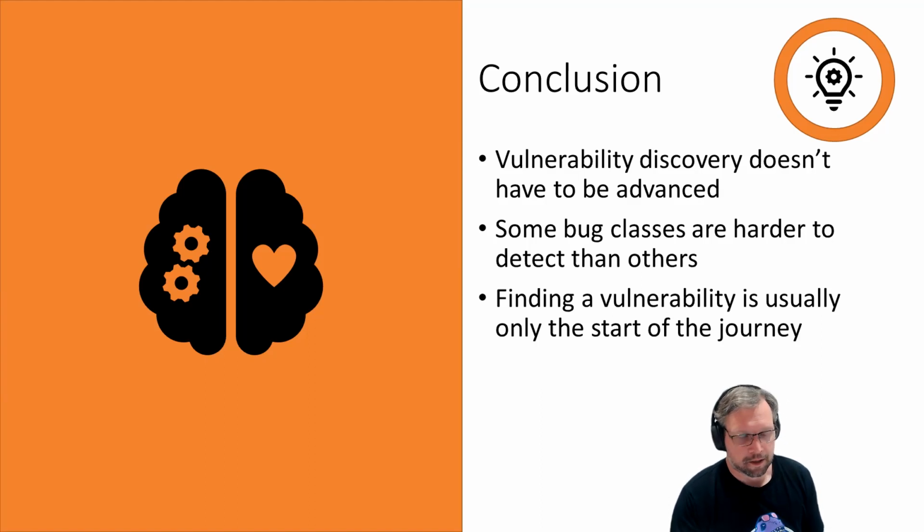And obviously, some bug classes are much harder to detect than others, particularly logic ones. So I'm planning to look at logic bugs in episode 4. Hopefully, I'll have that one out soon. And usually, finding the vulnerability is only the start of the journey, right?